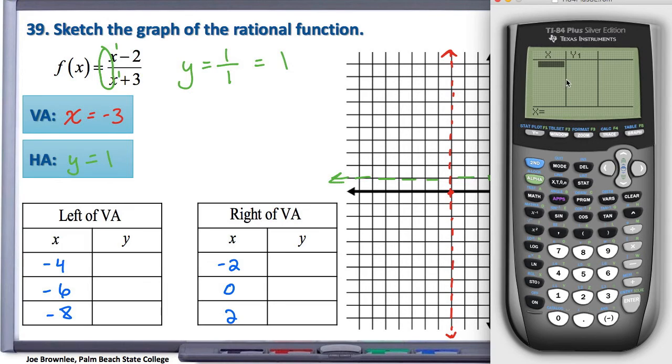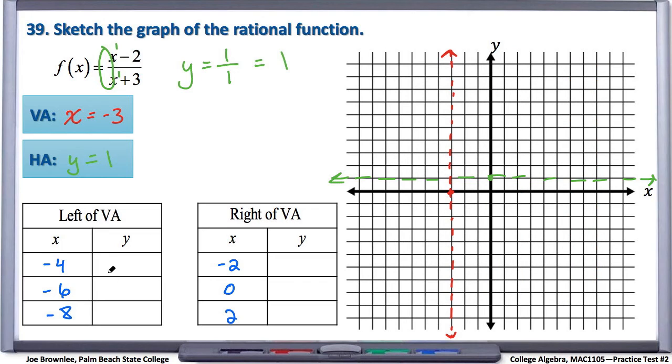This allows us to manually enter x values, and the calculator will calculate the y value. If we say negative 4, we get positive 6. If we enter negative 6, we get 2 2/3, and negative 8, we get positive 2. Let me write those in: 6, 2 2/3, and positive 2.